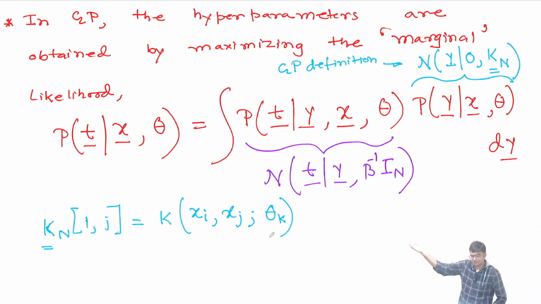Now the mean was 0, so it remains 0, but previously it was a 0 function, now it is a 0 vector. The covariance kernel becomes a covariance matrix. The dimension will be n cross n because you have n points where you have measurements, and each element is what I have shown here. And remember, this covariance matrix is still not known because it's a function of theta k, and those theta k are unknown.